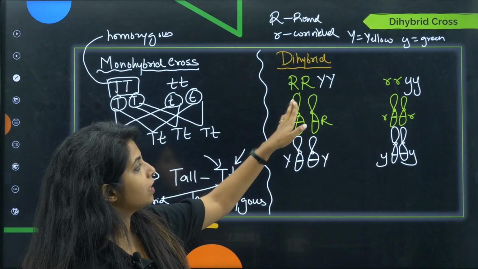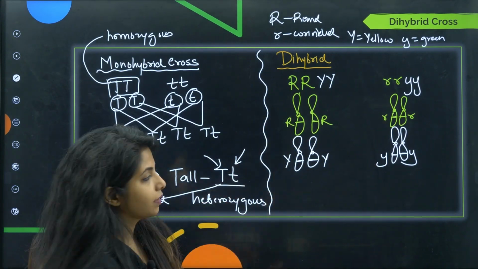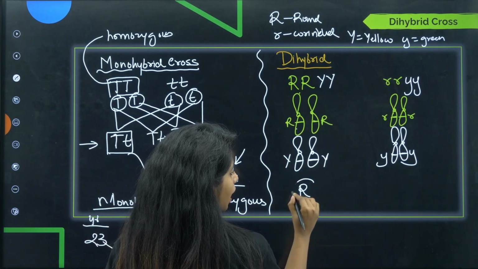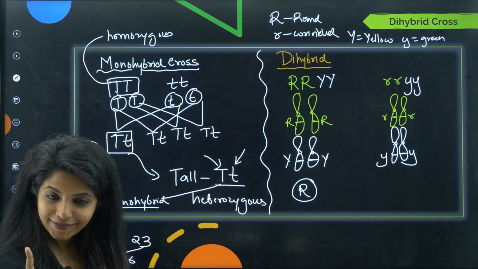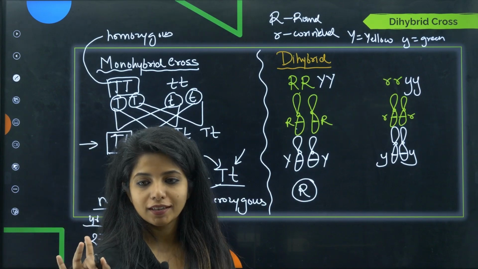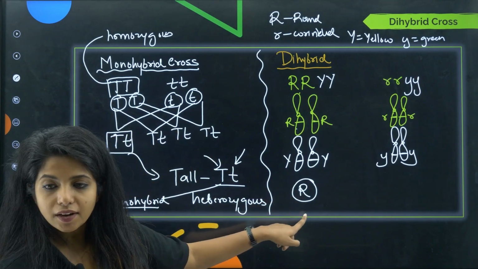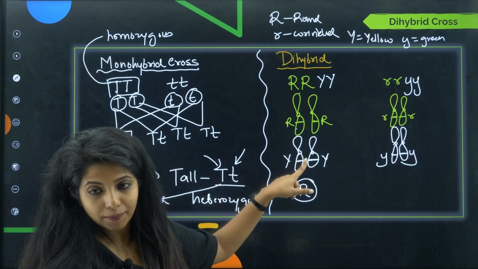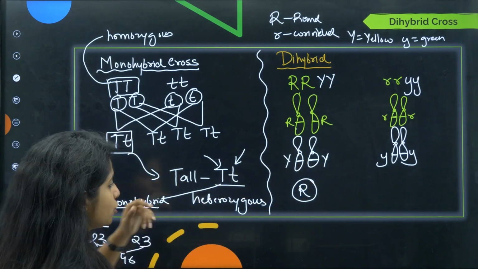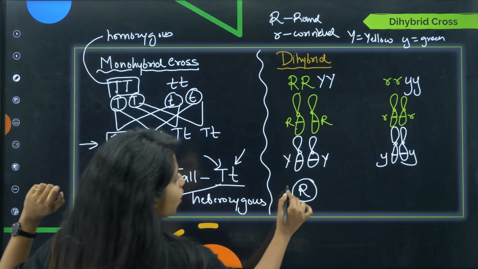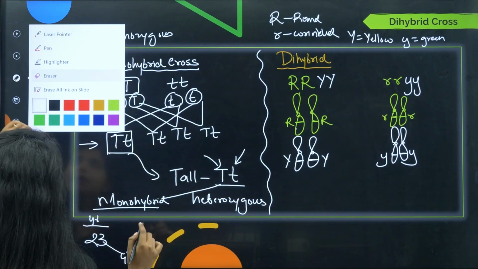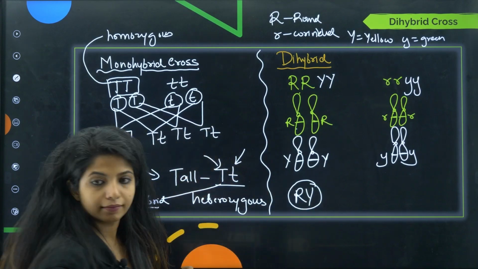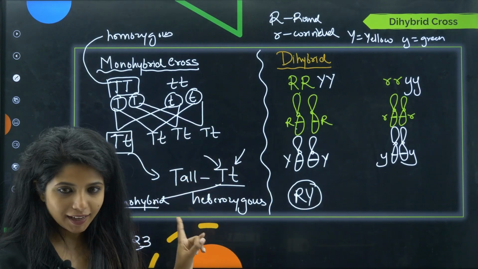So from here and here, if I take one, you tell me, if I take this or this, anyways the gamete will be having capital R itself. Agree? Do you agree or not? The gamete will be having capital R itself if I take this or this. What about this? From here in this particular pair, if I take one, similarly it will be just capital Y. So can I say that all the gametes that will be produced by this plant will be having capital R, capital Y, okay, chromosome, agree?